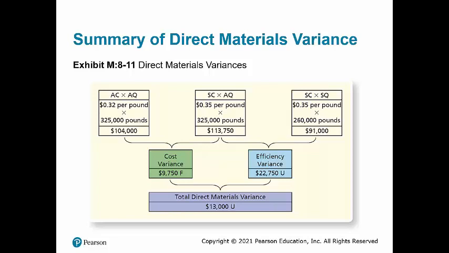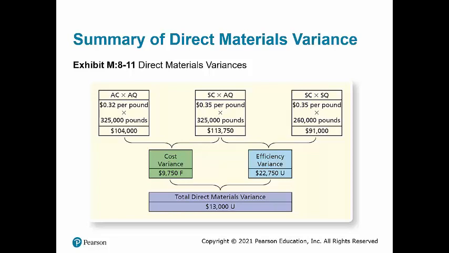If both variances are favorable, then they would be added together to create a total favorable variance. If both variances are unfavorable, they would also be added together to create a total unfavorable variance. But if you have a favorable variance and an unfavorable variance, then they have to be subtracted from each other, and the variance is determined to be favorable or unfavorable based on which one is the larger amount.